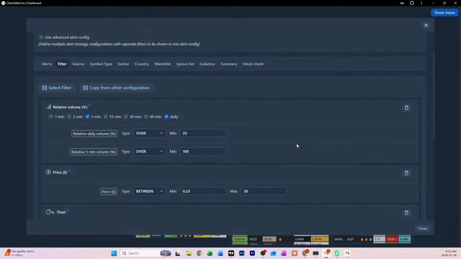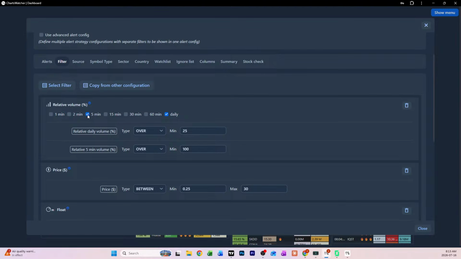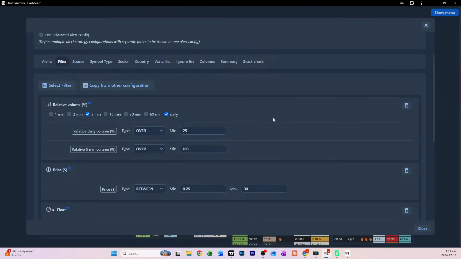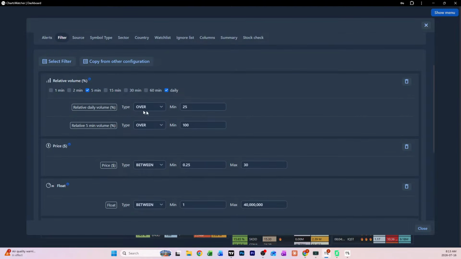My filters are relative volume, so 5-minute relative volume percentage. So this is the settings that filter what shows up on my scans. It needs to be over 25% daily relative volume.